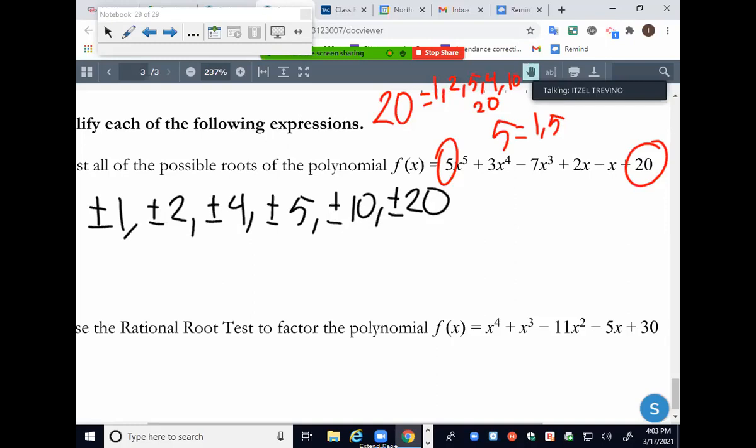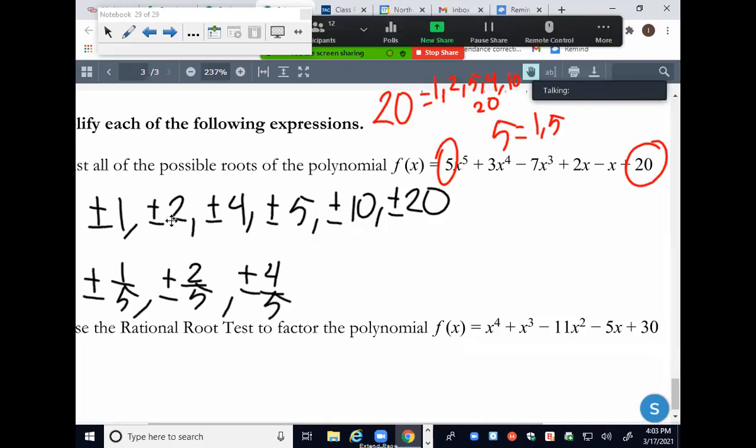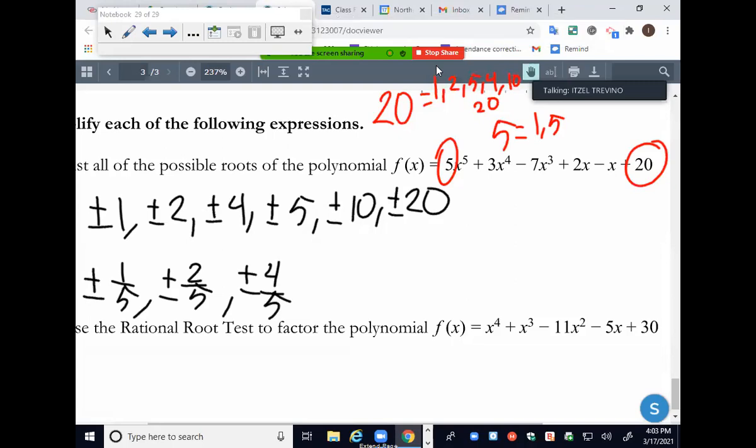And because we have 1 and 5 for the leading coefficient, we're gonna do the same thing over 5. So I'm gonna do plus or minus 1 over 5, plus or minus 2 over 5, plus or minus 4 over 5. Okay, what's 5 over 5? 1, so I'm not gonna write it.